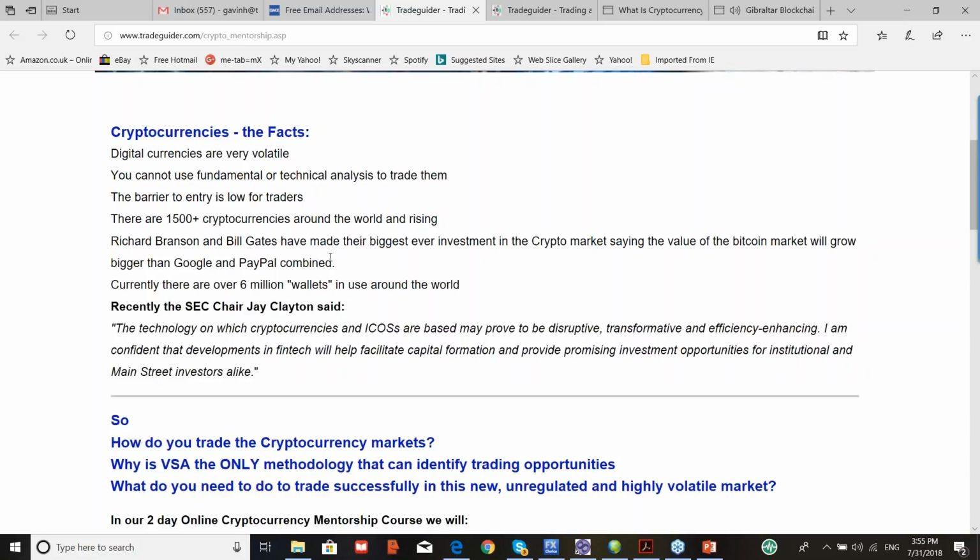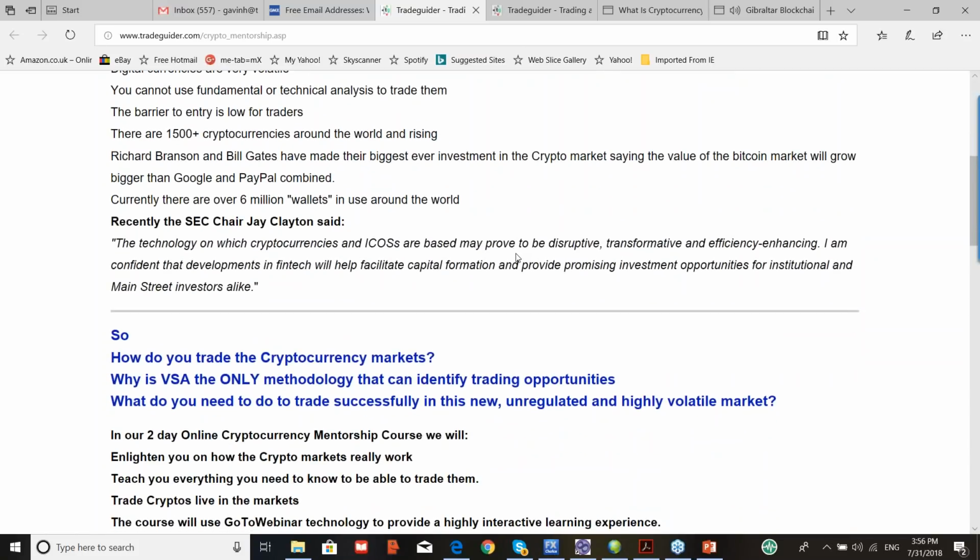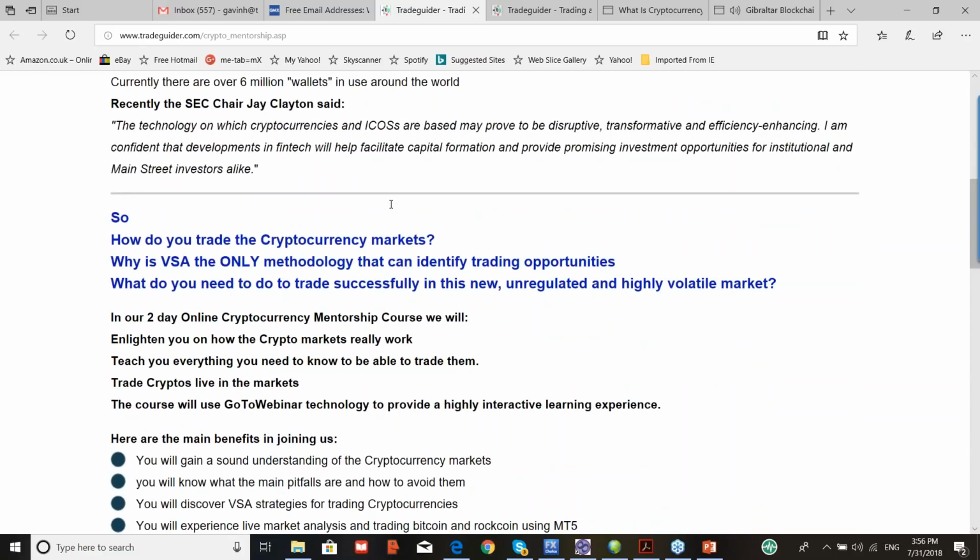Richard Branson and Bill Gates made their biggest ever investment in the crypto market, saying the value of the Bitcoin market will grow bigger than Google and PayPal combined, which I didn't know. And there's currently already 6 million wallets in use around the world. And the chairman of the SEC, Jay Clayton, said the technology on which cryptocurrencies and ICOs are based may prove to be disruptive, transformative, and efficiency enhancing. I'm confident that developments in fintech will help facilitate capital formation and provide promising investment opportunities for institutional and Main Street investors alike.